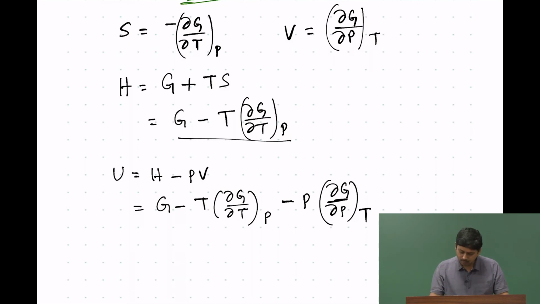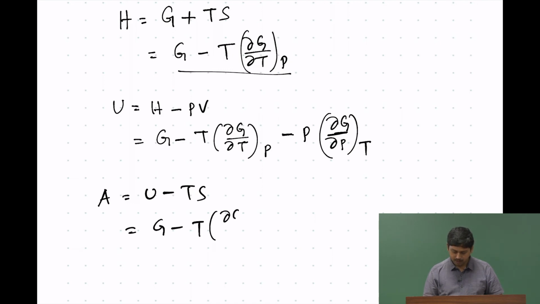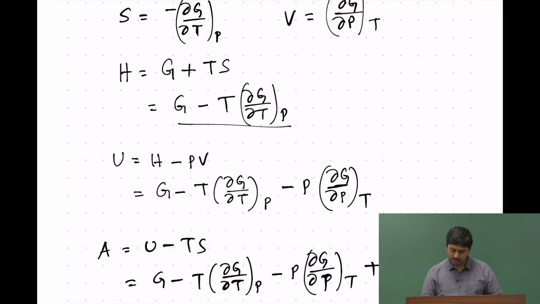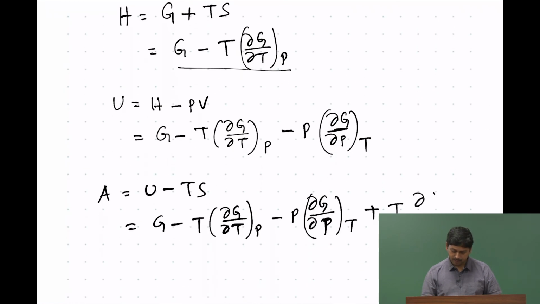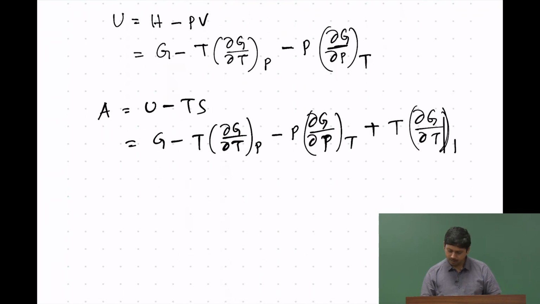So, that also you got, and then you want to get A, which is U minus TS. U you already got from above, S you already got from above, and you can show that it can be written as G minus T del G by del T at constant P minus P del G by del P at constant T, plus T del G by del T at a constant P, since A is U minus TS and S is already given above.